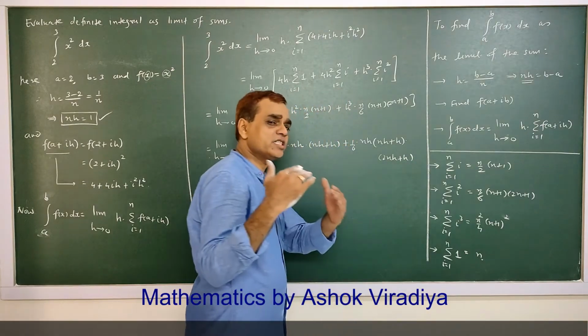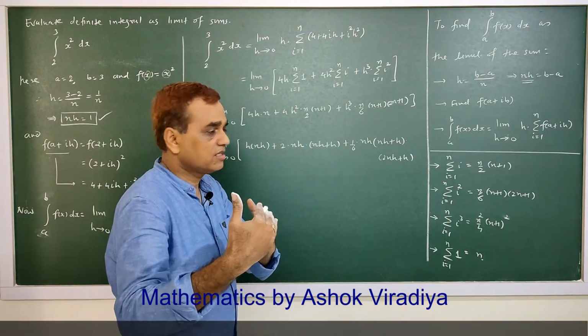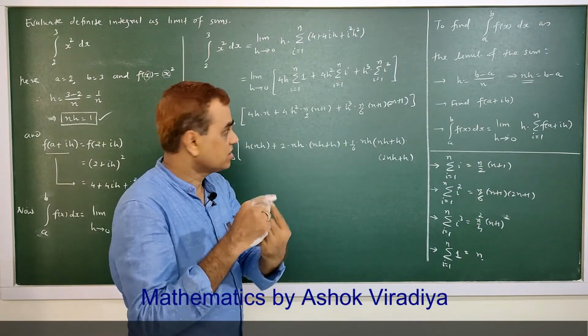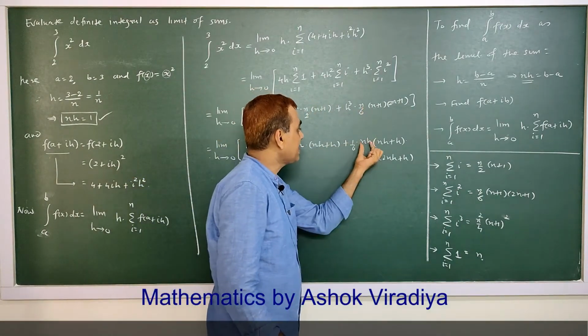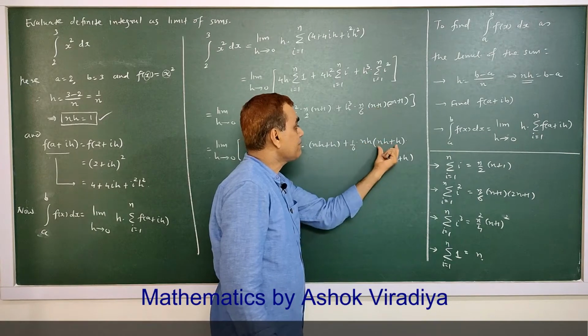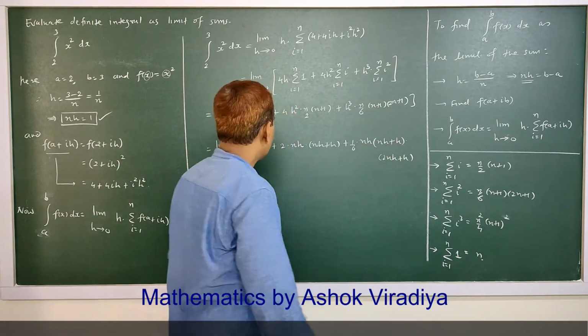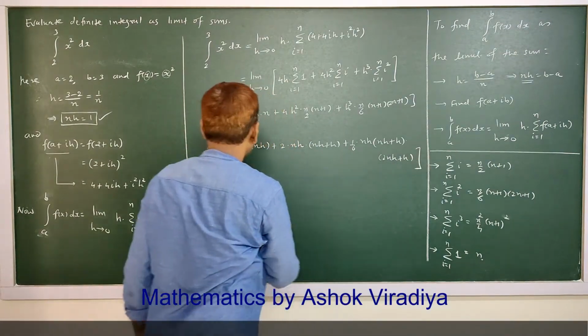It is like a distribution of h cube, h into h into h: one h is connected with n, the second h is connected in n + 1, and the third h is multiplied in the third bracket. Close the bracket here.